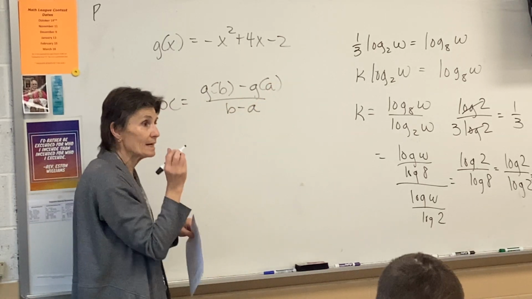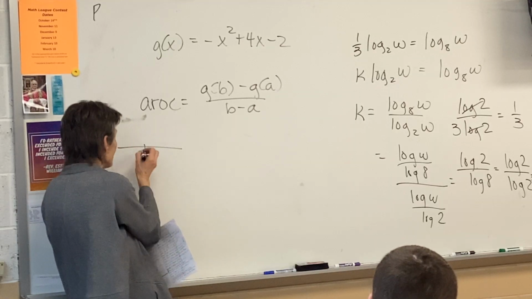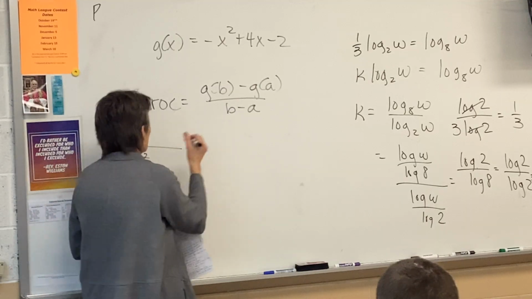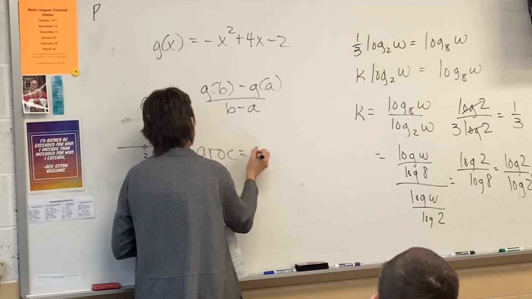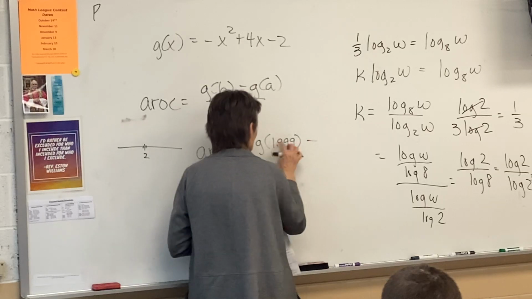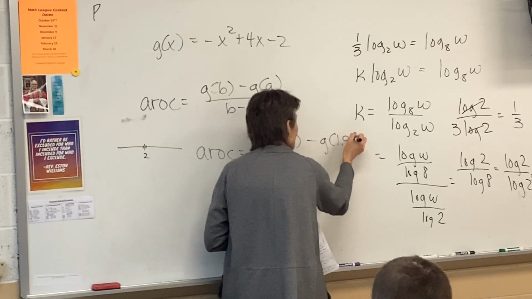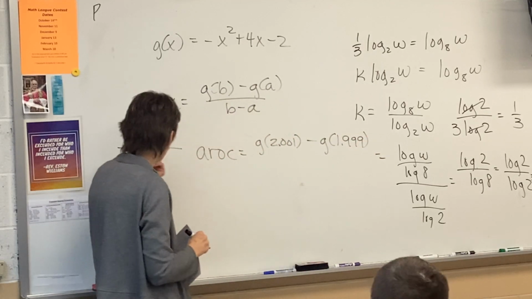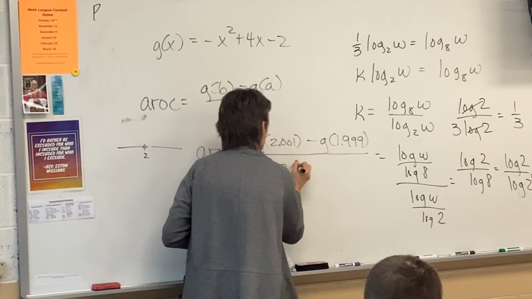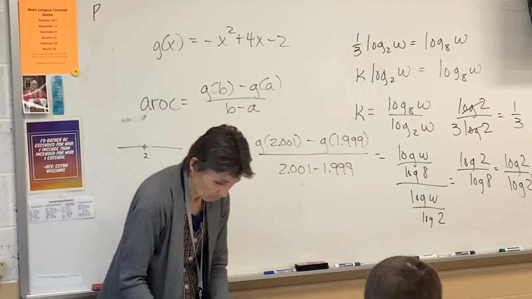And we want to pick an a and a b that are really, really close to 2. So we might do, let's say, g of 2.001 minus g of 1.999. That would put us within 1/1000th on each side of 2. So let's just do that. We'll need our calculator to do that. Let's see what we come up with.